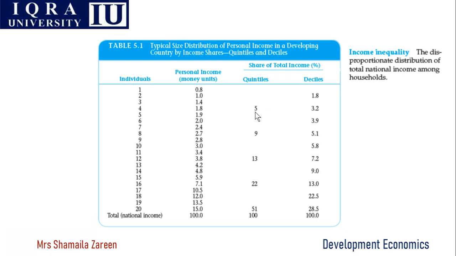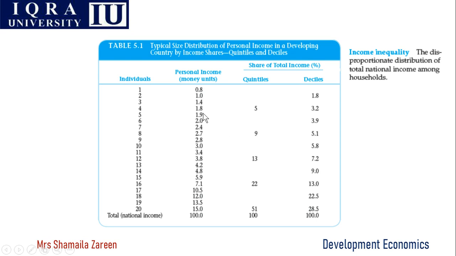And if you see the second quintile, that is individuals 5 through 8, they receive 9% of the total income. Here you can easily see the first group is showing the bottom 20% of the people, the poorest 20% of the population, and they are getting 5%. The second quintile is showing 9.